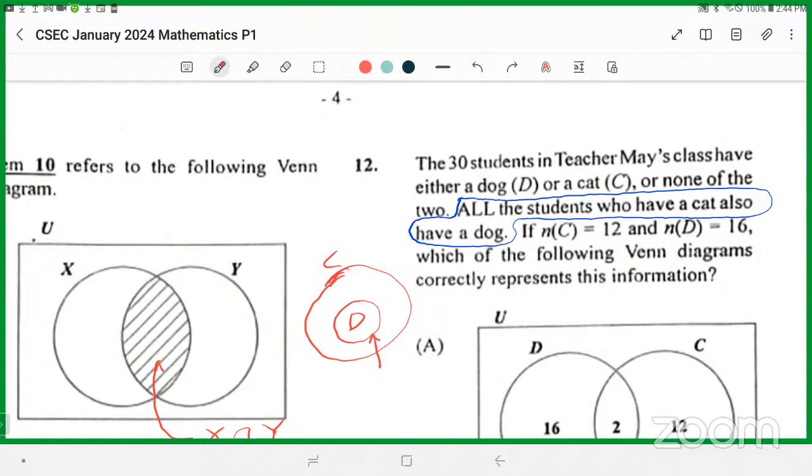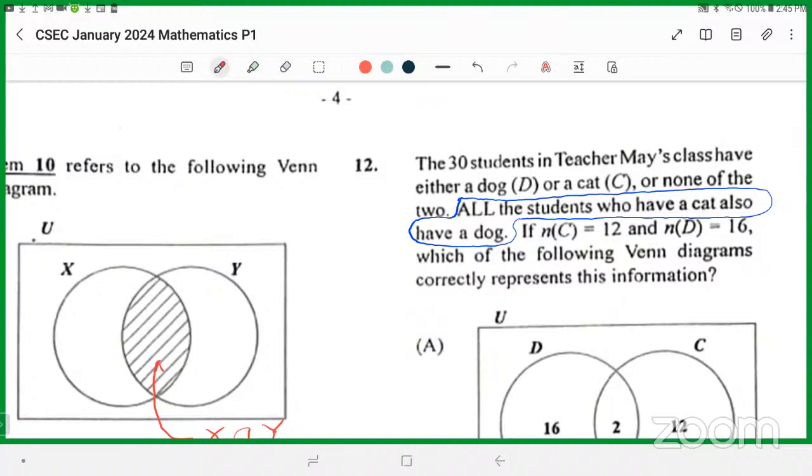So all who have a cat must also have a dog, but not everybody who has a dog has a cat. This is basically the opposite of what that statement says, so this will be wrong for that statement. All right, so I put the right one inside.